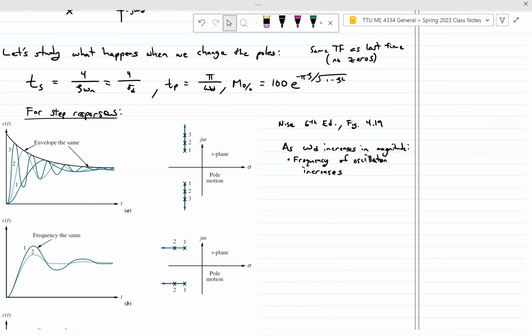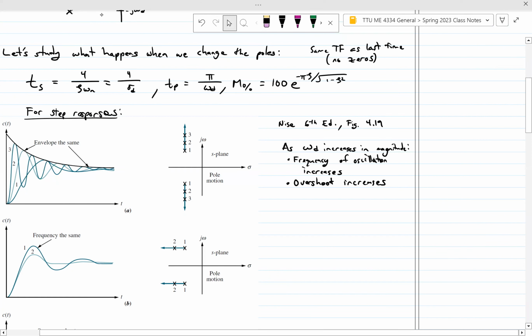What else do we see here? Is that the only thing that changes in our response? Overshoot increases, right? We can see here, case number 1 just had a little bit of overshoot. Case number 3 had a lot more overshoot.